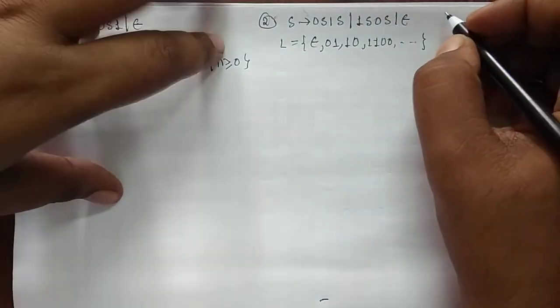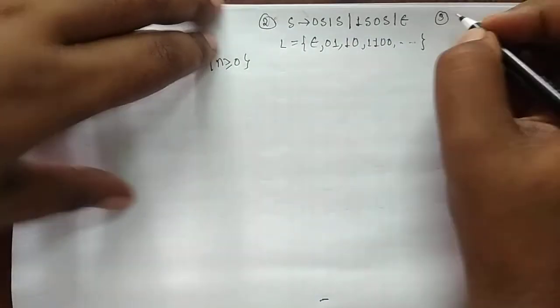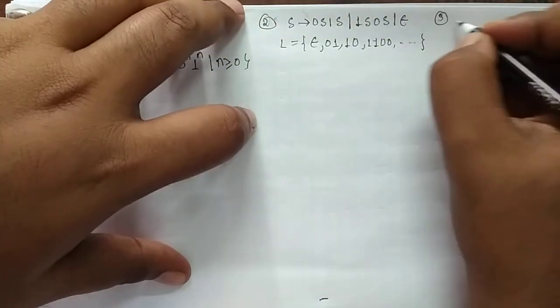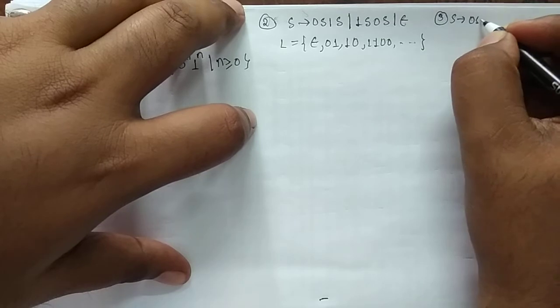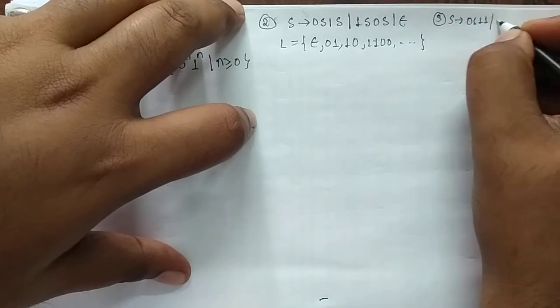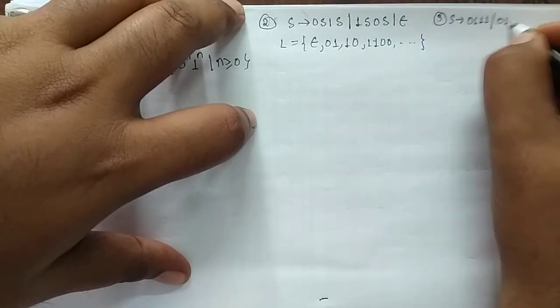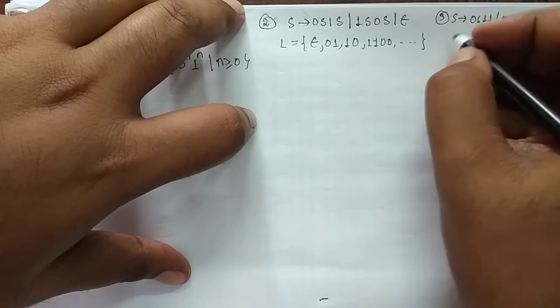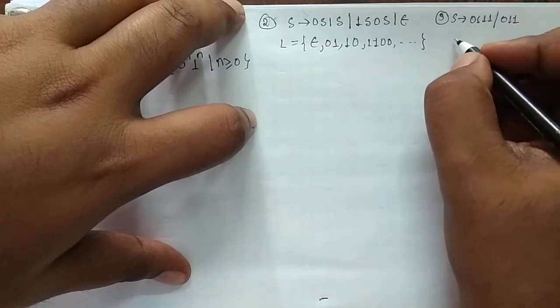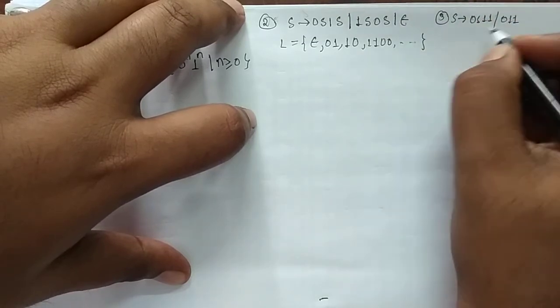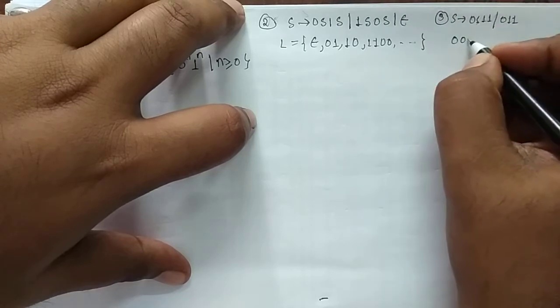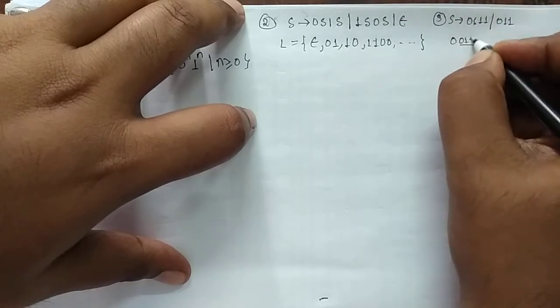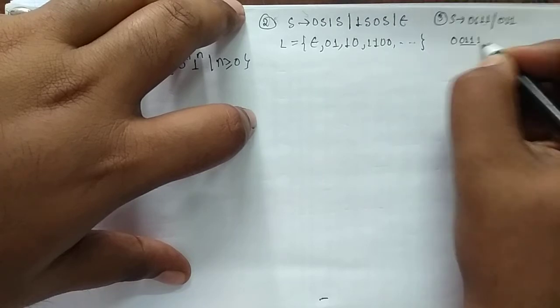Now again, let us say number 3. It is given that S goes to 0 S 1 1 or 0 1 1. What is the language you can generate? You can easily identify it. Replace S by 0 0 1 1, so you are getting 0 0 1 1 and these 2 ones over here.